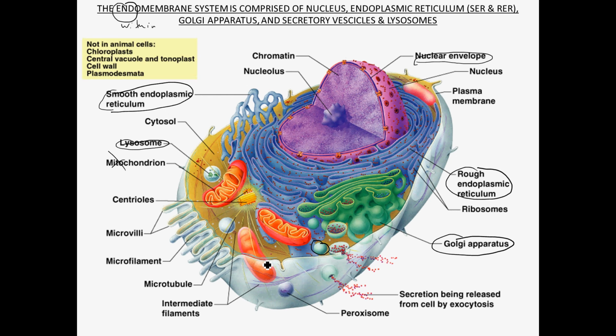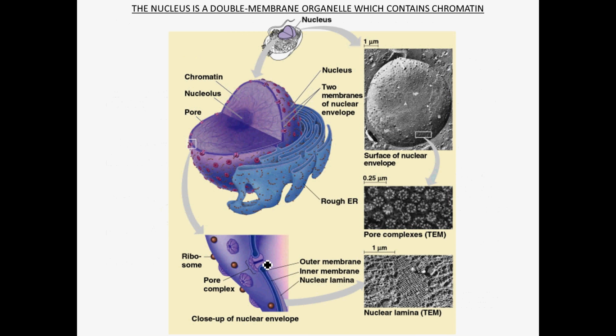So what's happening here? Well, let's take a look at the nucleus first. We had talked about the nucleus in a previous screencast. It's a double membrane system, but I want to point out this part of the cartoon and how the outer membrane of the nucleus is actually continuous with the membrane of the endoplasmic reticulum.